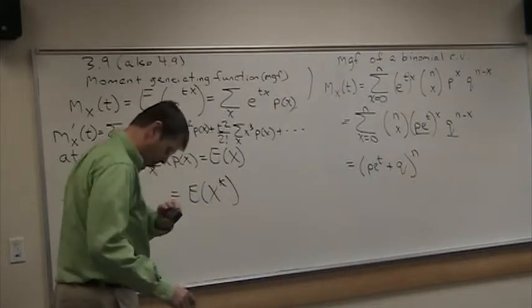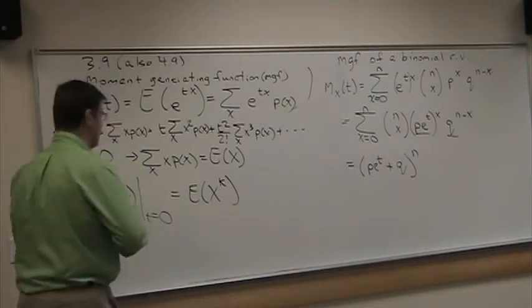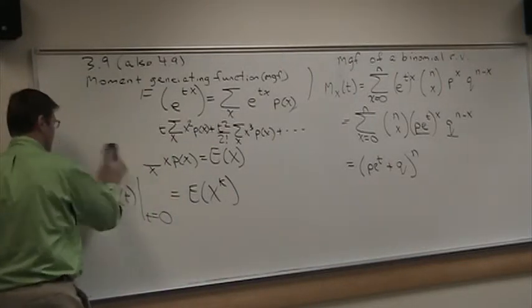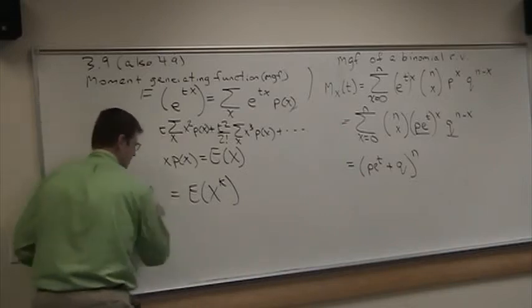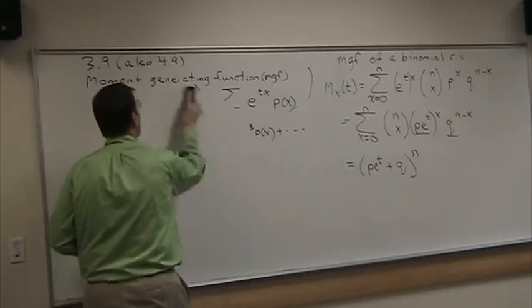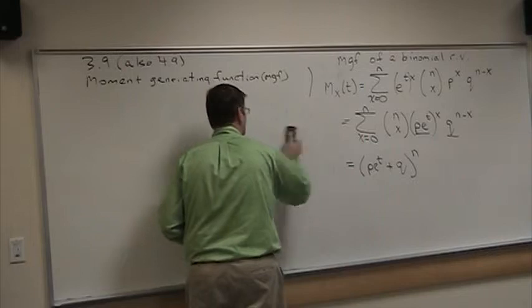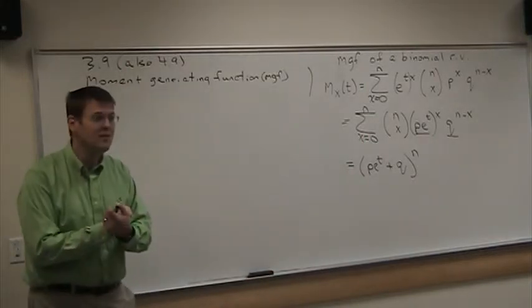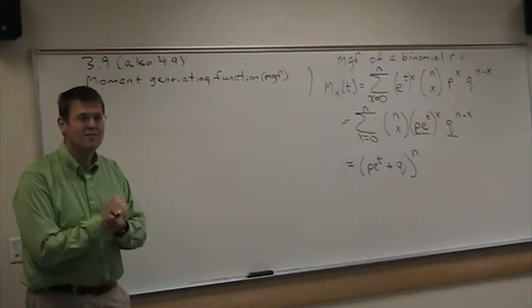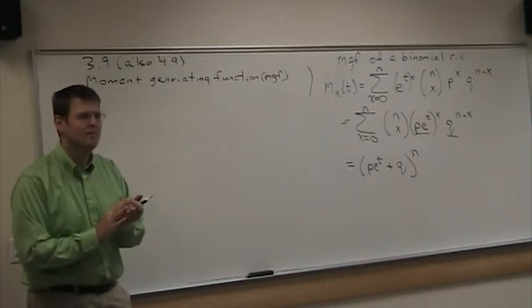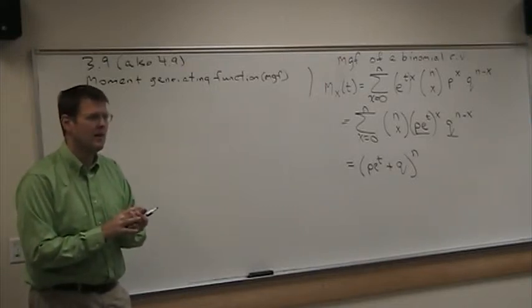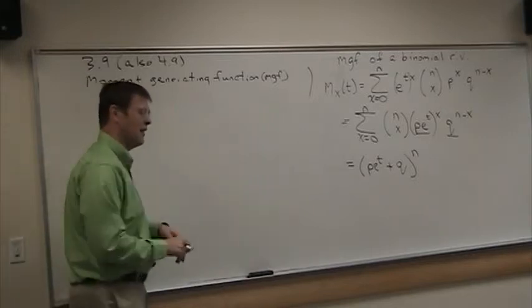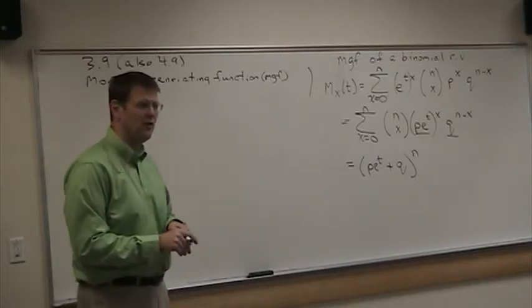So, I've got 2 minutes left. Anybody remember what the formula was for the mean of a binomial? n times p.